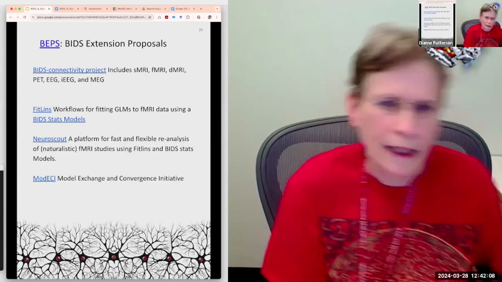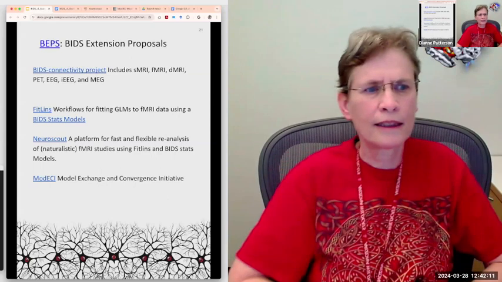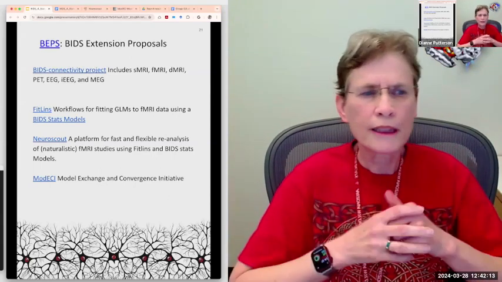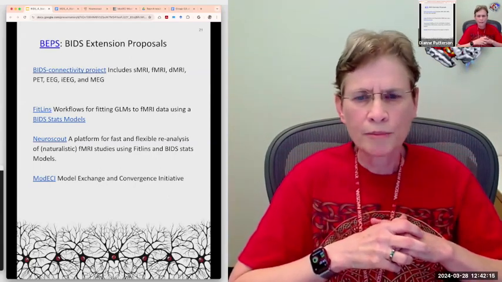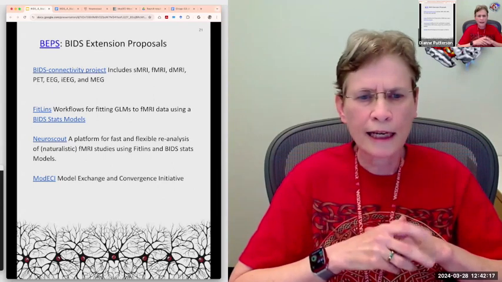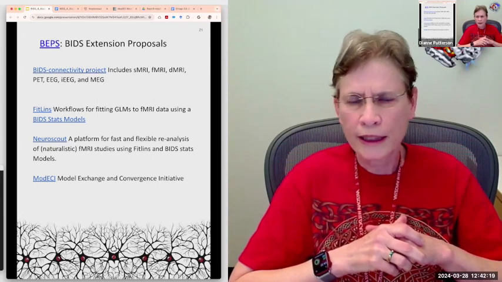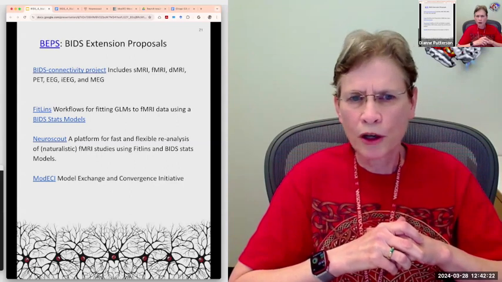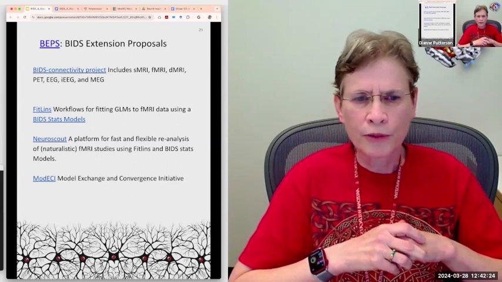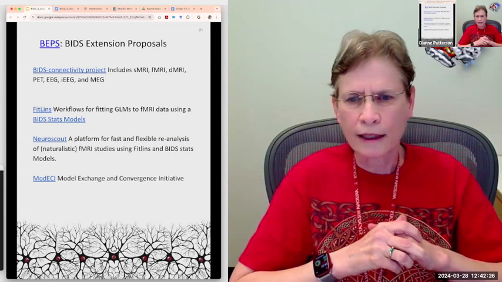So what's unique and interesting here is that this is naturalistic fMRI data, which means you put somebody in the scanner and you read them a story, or you have them watch part of a movie, and you record what goes on in their brain during that time.